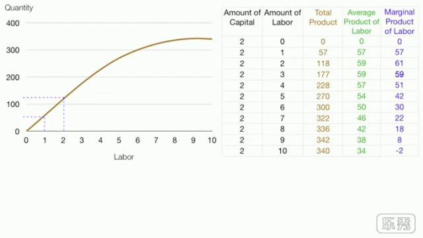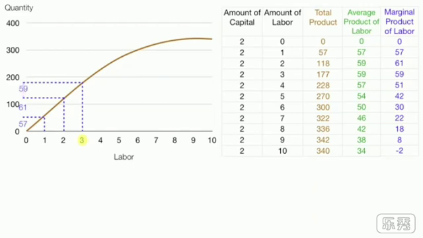So if I start out at 0, let me put a little yellow dot there at 0, and I go from 0 to 1, my marginal product of labor is 57. If I go from 1 to 2, it becomes 61. If I move from 2 to 3, it goes down, and it is 59.